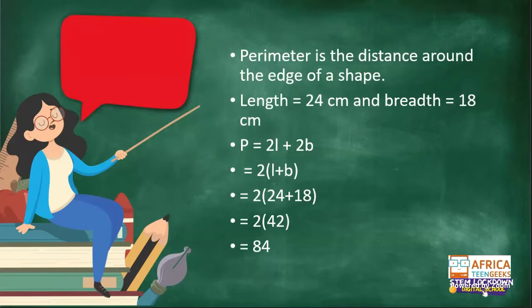If you were to add this together, this is 2 into L plus B, where the length is 24 and the breadth is 18. So in my case here, I've added 24 and 18 to get 42. And if you multiply 42 by 2, again, you get the same answer that was given by Joanna. So thank you very much indeed.